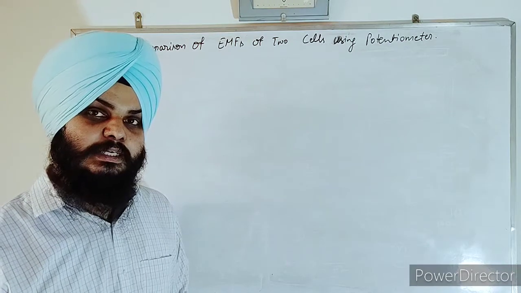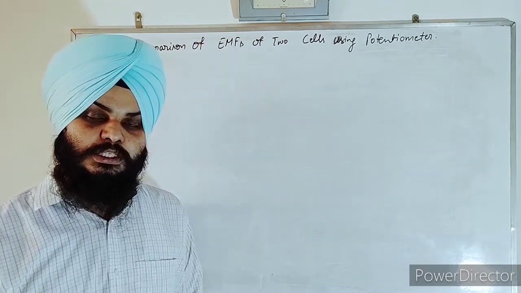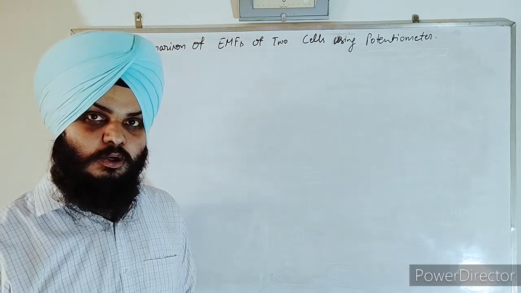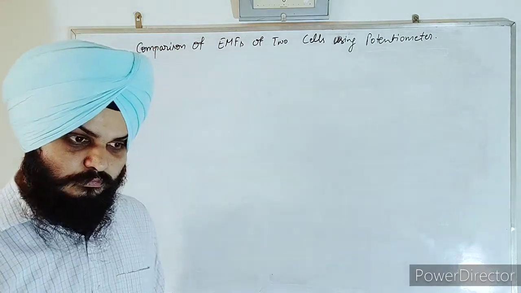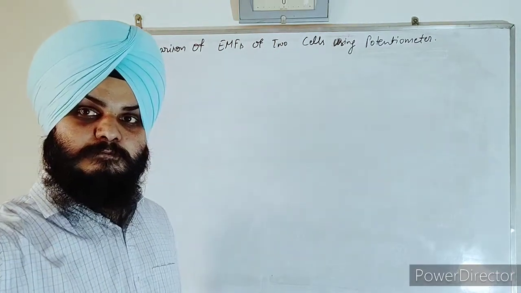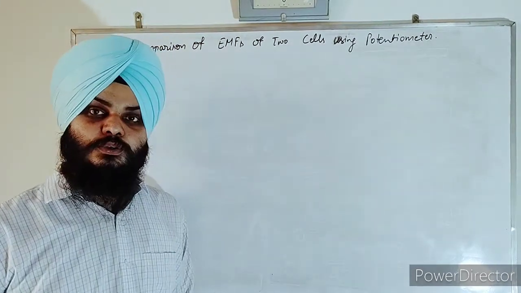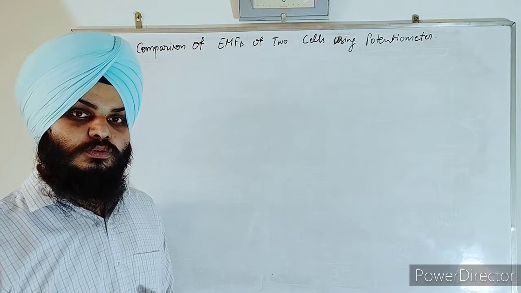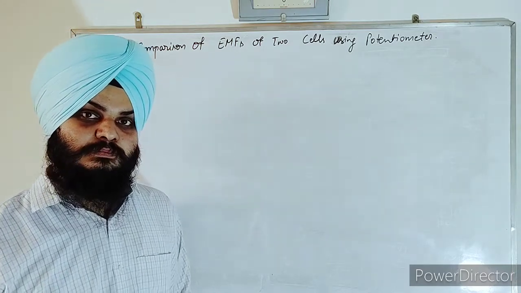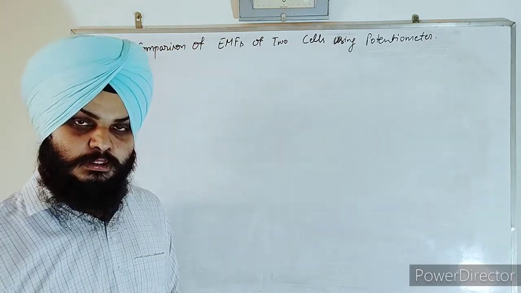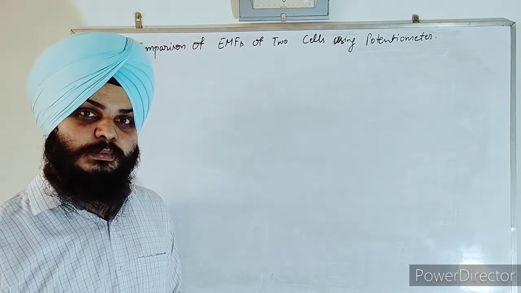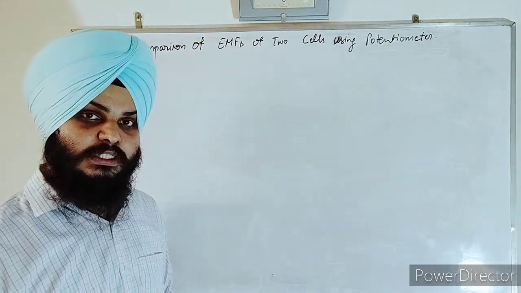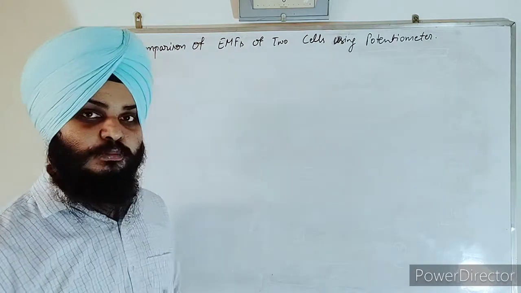So for that we use the potentiometer. On the basis of this, we have the first application of potentiometer, that is the comparison of EMFs of two cells using the potentiometer.